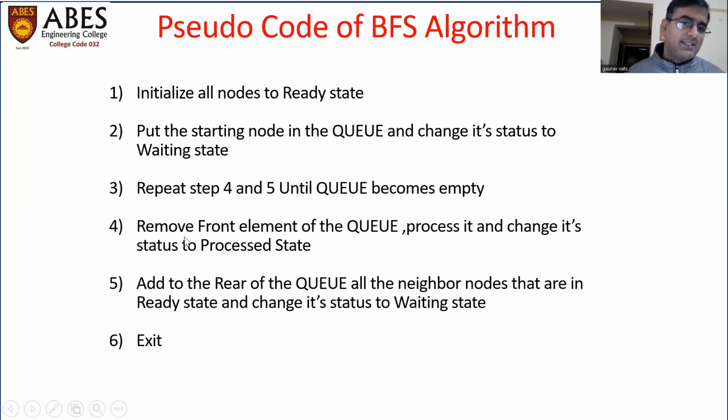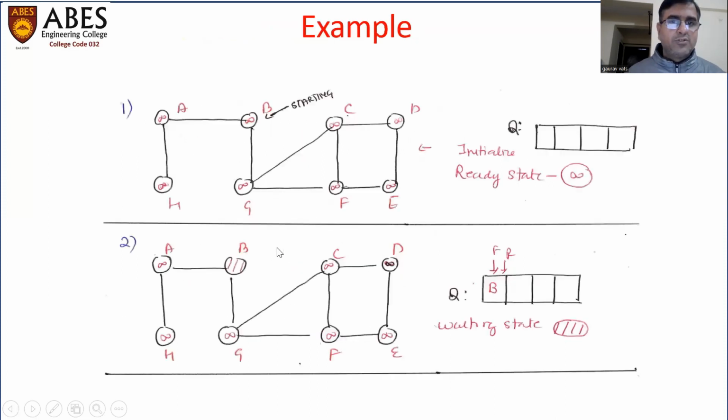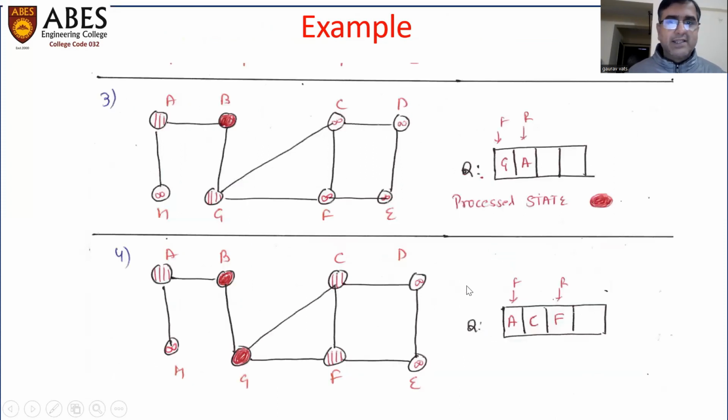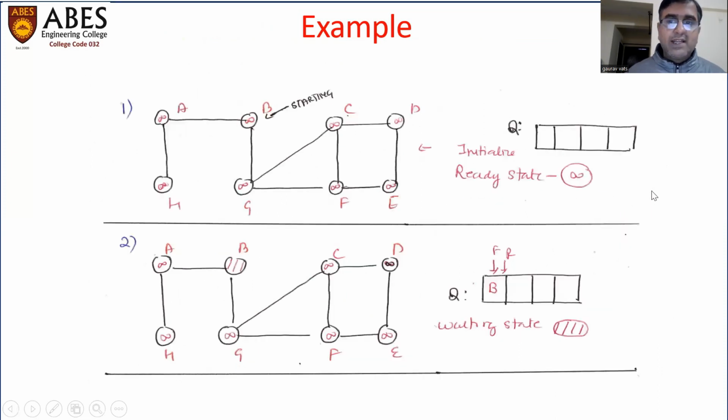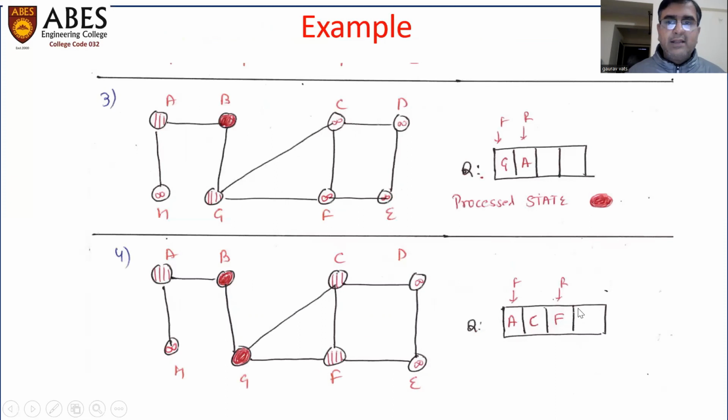So I'm removing this front element B. I have removed that element and changed its status to process state. This is the symbol of process state. So there were 3 states: this is the ready state, this is the waiting state, and this is the process state.